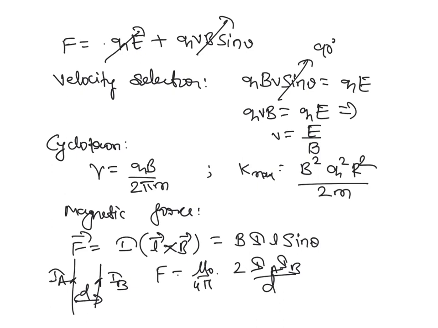The last concept in this chapter is the torque on a current loop.